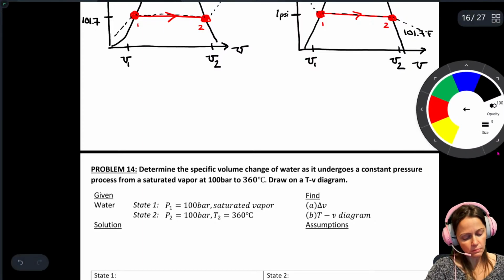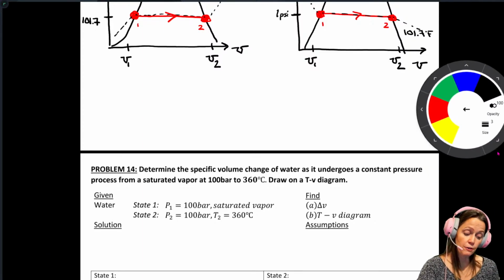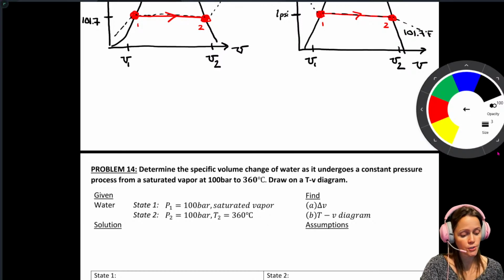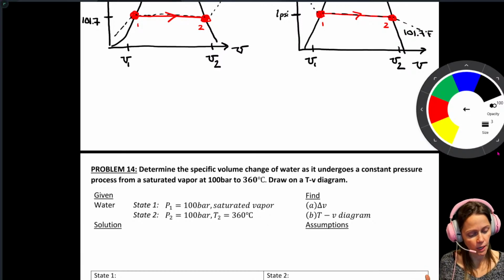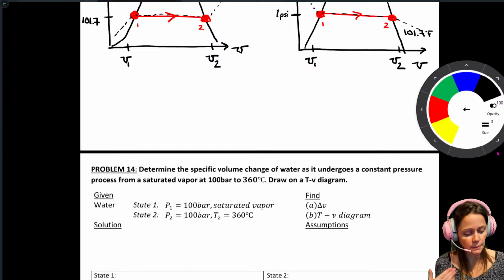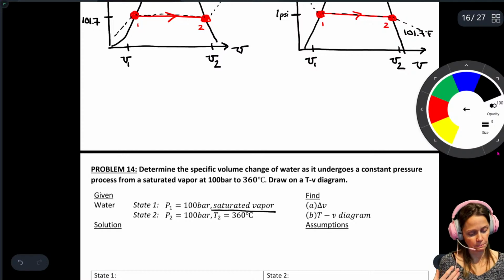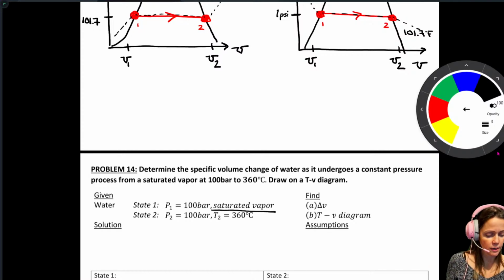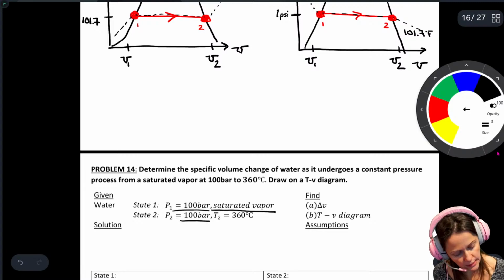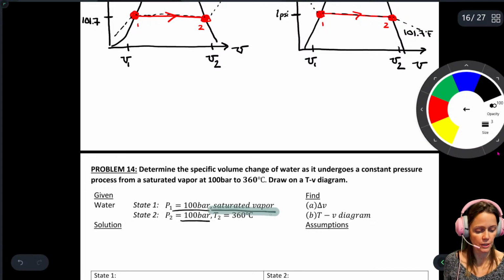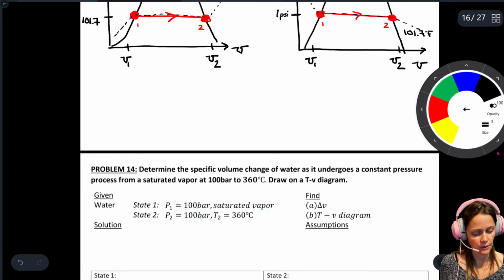All right. Problem 14, determine the specific volume change. So delta specific volume of water as it undergoes a constant pressure process from a saturated water vapor at 100 bar to a final temperature of 360 degrees Celsius.